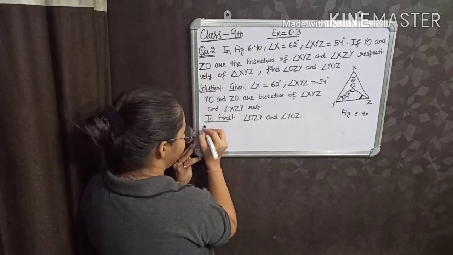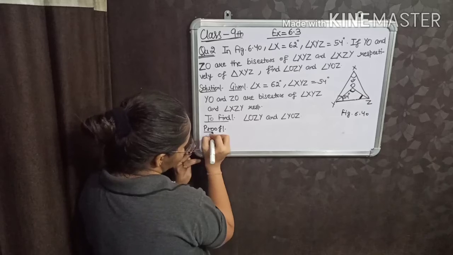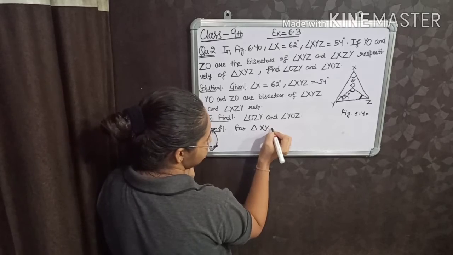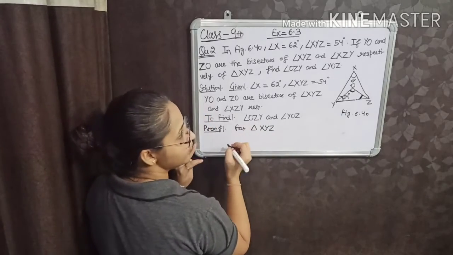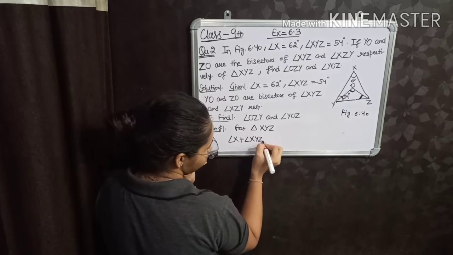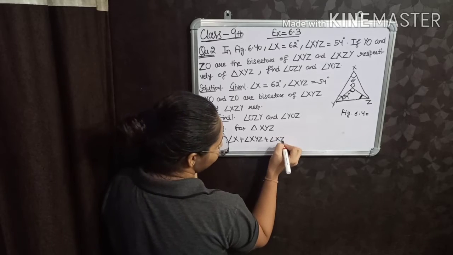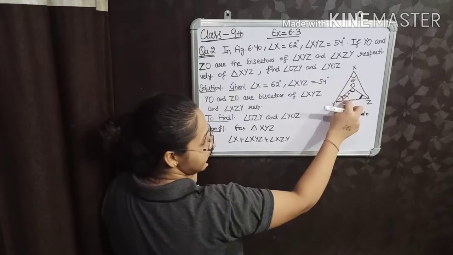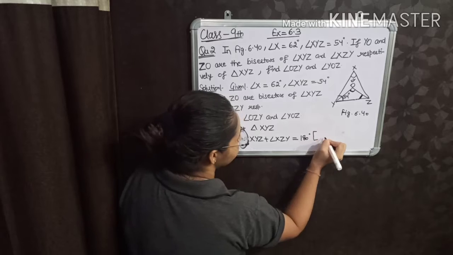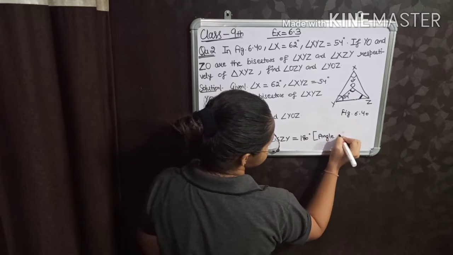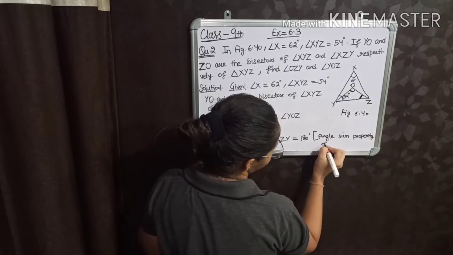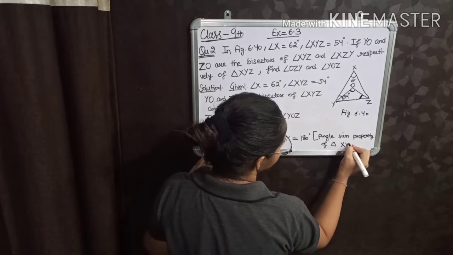So I can write proof is, first for triangle XYZ. Okay, apply the angle sum property: angle X plus angle XYZ plus angle XZY, this angle plus this complete angle plus this bigger angle is equal to 180 degrees, because of the angle sum property of triangle XYZ.